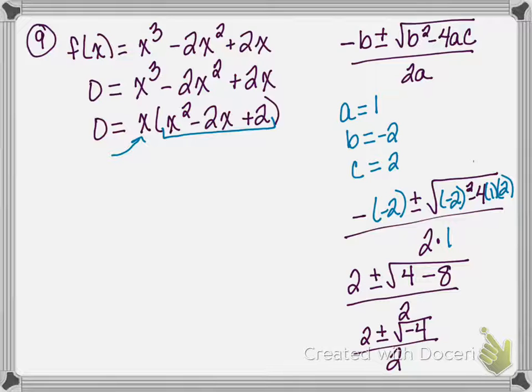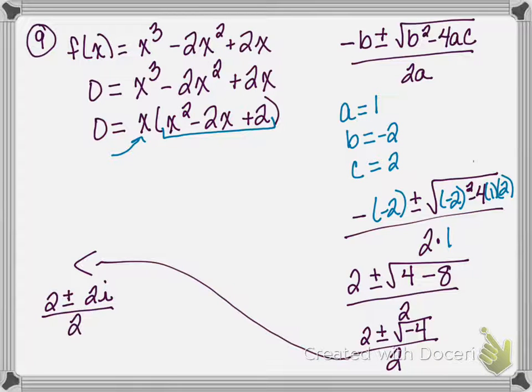I hope you're able to identify that the square root of negative 4 is going to be 2i. The square root of 4 is 2, and the square root of negative 1 is i. And all of this is over 2. That can be simplified further. I'm going to have 2 over 2 plus or minus 2i over 2. So my final answer here is 1 plus or minus i.